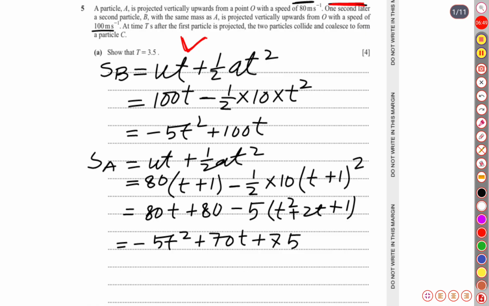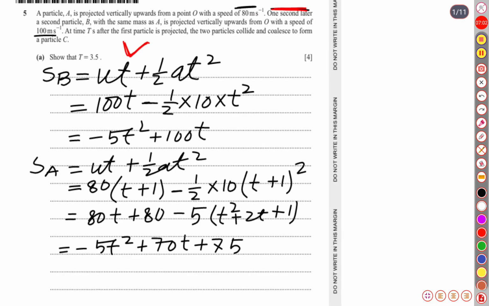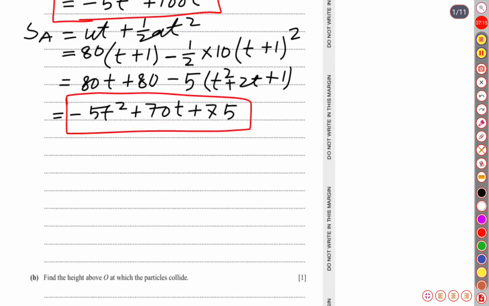They must be equal, because our concept was that when two particles collide each other, they must collide at the same height from the ground. So the displacement traveled by particle B as well as displacement traveled by particle A must be equal. So we can form an equation.